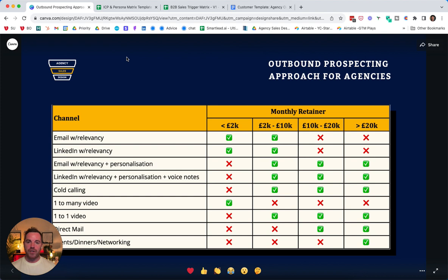They would then reach out to a number of key prospects in that area to say that they're organizing a meal or drinks, a happy hour after or around the event, and they invited their prospects to join them. Now they put a few $1,000s behind the bar to pay for the drinks. So again, you can't really afford to do that when your monthly retainer is only 1.5 or 2k. But as you get close to that 20k mark, you can afford to spend more money on acquiring these customers.